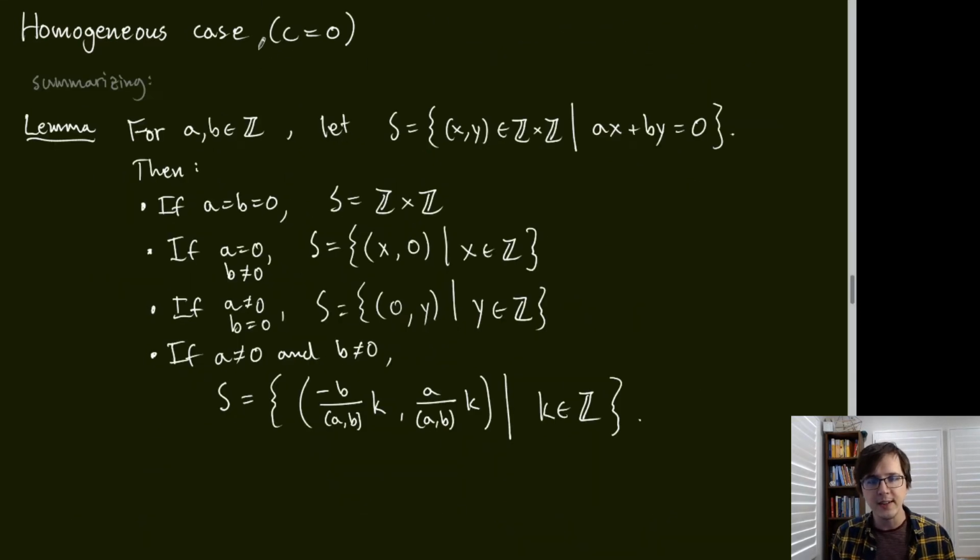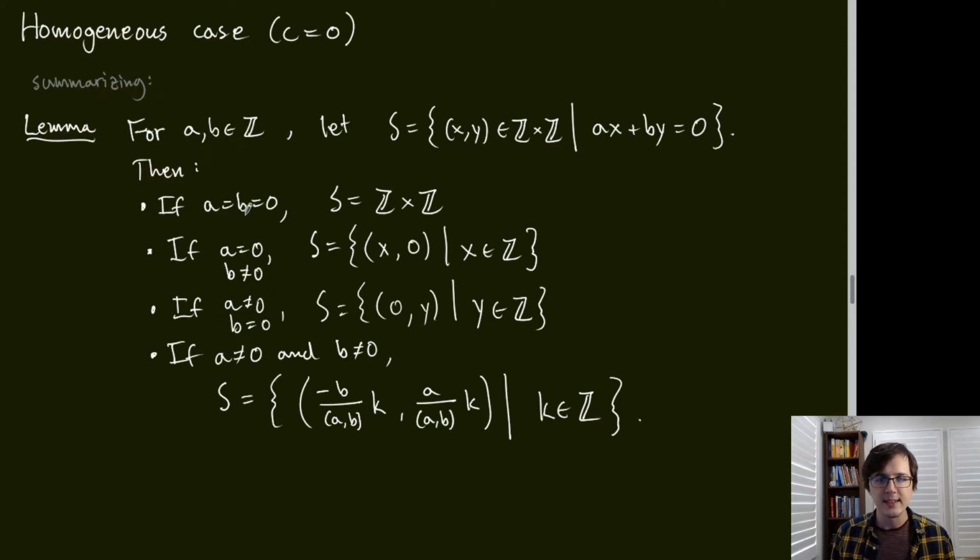Now that we've handled that case, let's summarize the whole thing. Here's the lemma. Let's say that we have two integers a and b, and we let S be the solution set to ax plus by equals 0, where x and y are integers. Then, depending on which of a and b are 0, there are 4 cases.